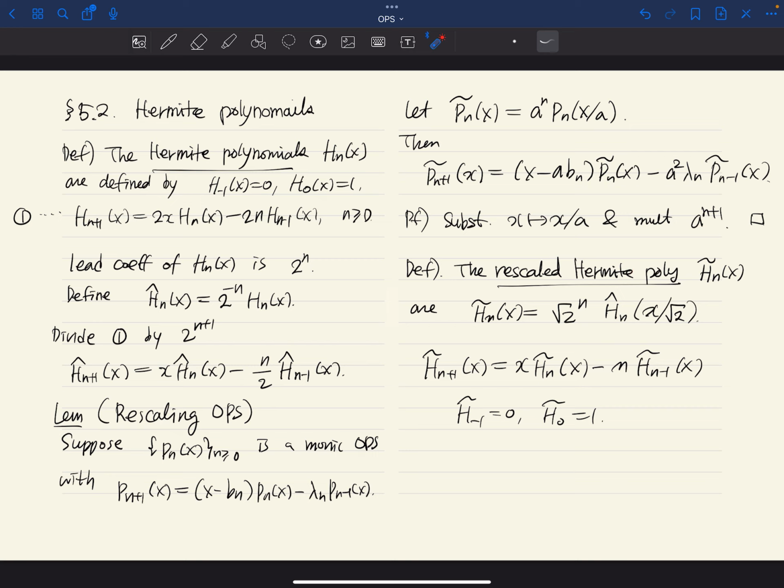Okay, now we will be focusing on this rescaled version. So what are the moments of the rescaled Hermite polynomials, which I'll simply write mu sub n? Then this is again, in our combinatorial model, the sum of weight of pi.